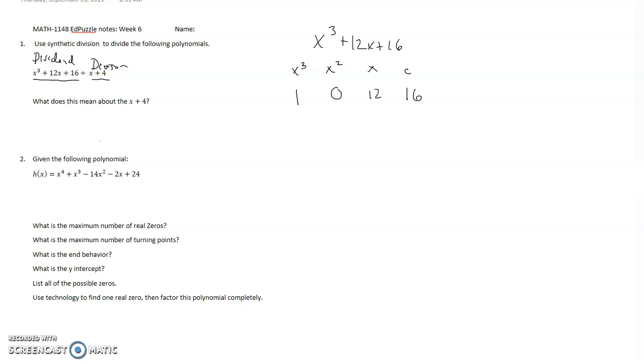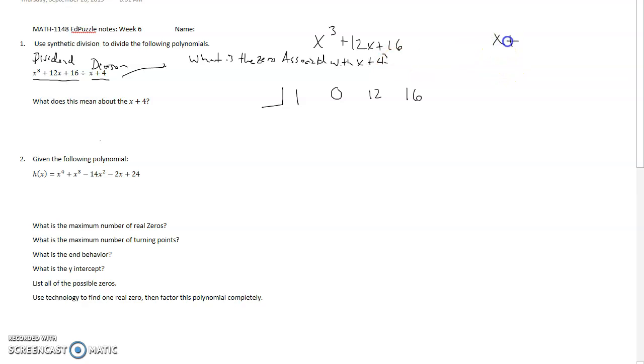And now I'm going to erase those terms above, but you can see how we got those numbers right there, where the coefficients in front. And then what we're going to do is we're going to draw a box right here, and then we're going to take our divisor, and I'm going to say, what is the 0 associated with x plus 4?